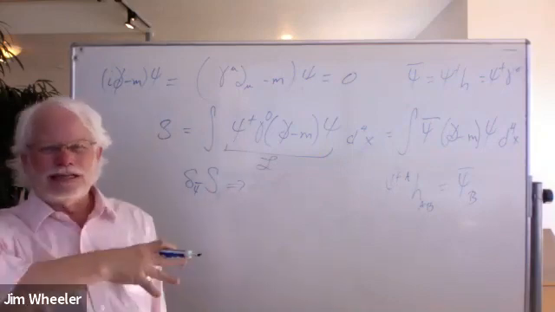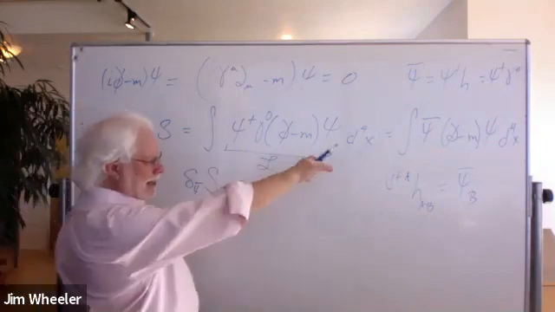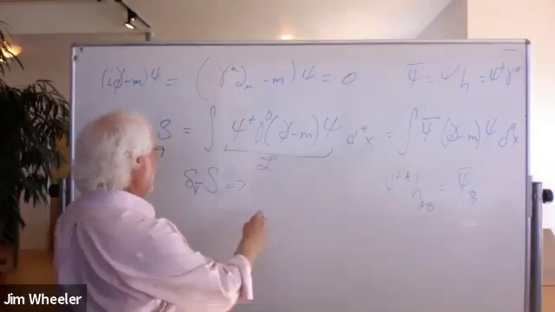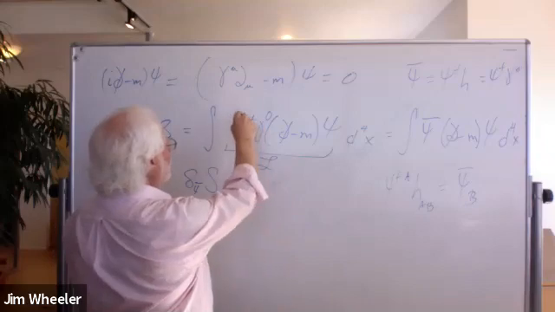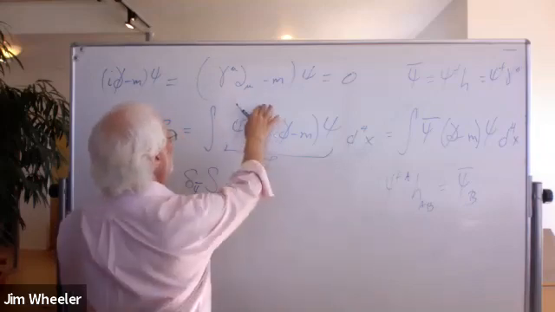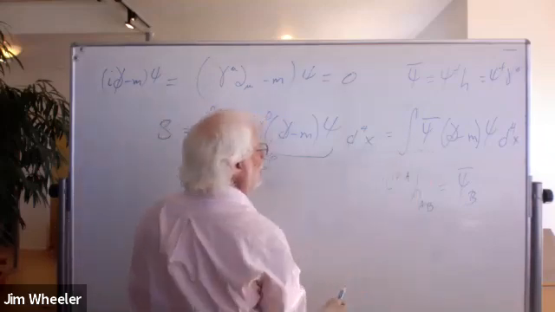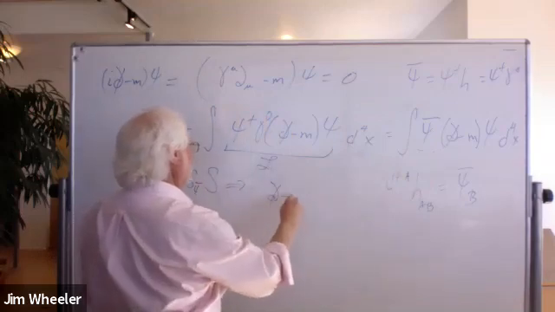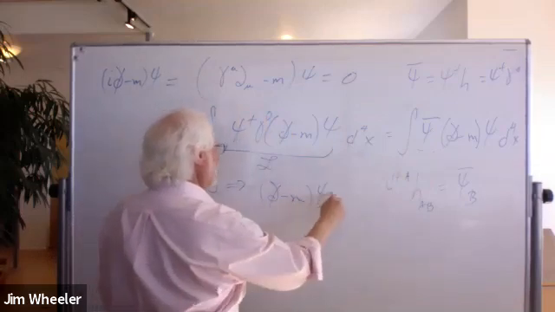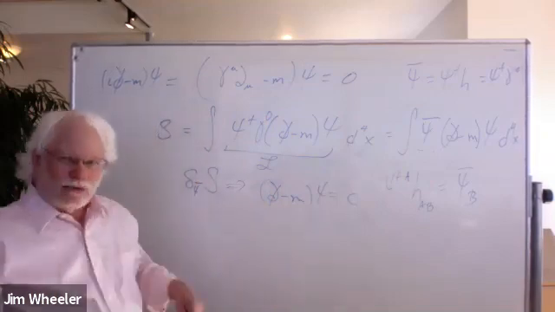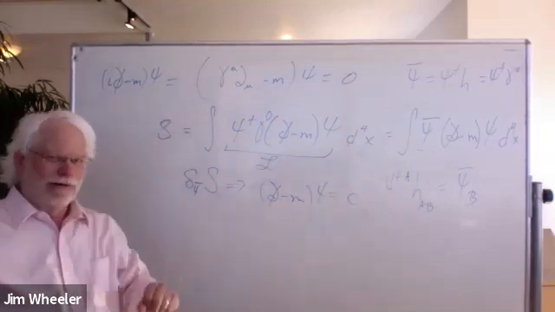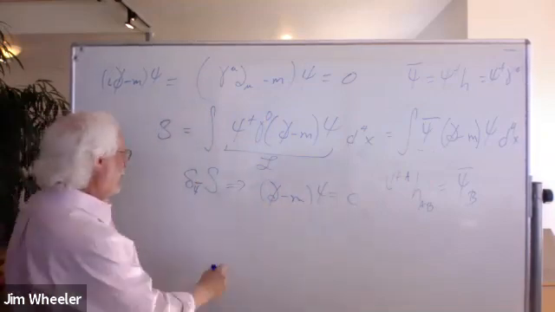There's still independent degrees of freedom of the unconjugated psi. So all of this is psi bar here. It's not here. And we just get d slash minus m psi equals 0. That is the Dirac equation in our basis and metric signature.